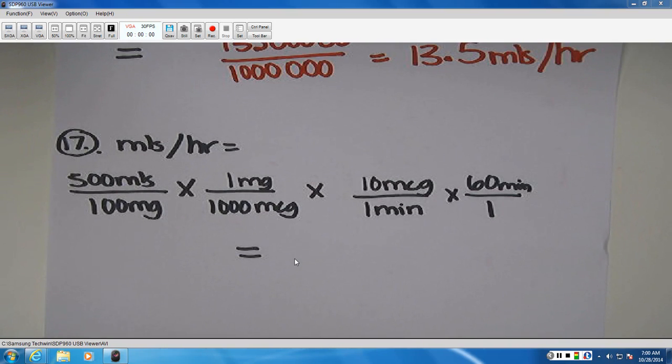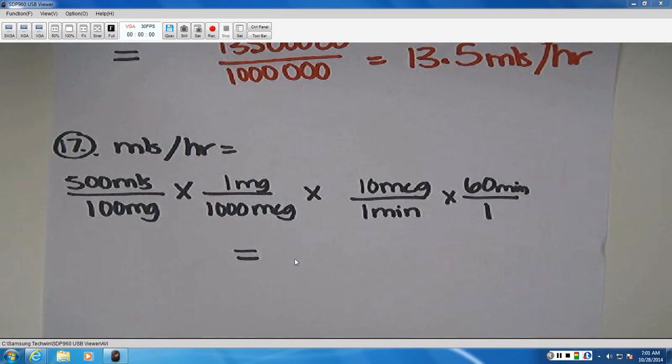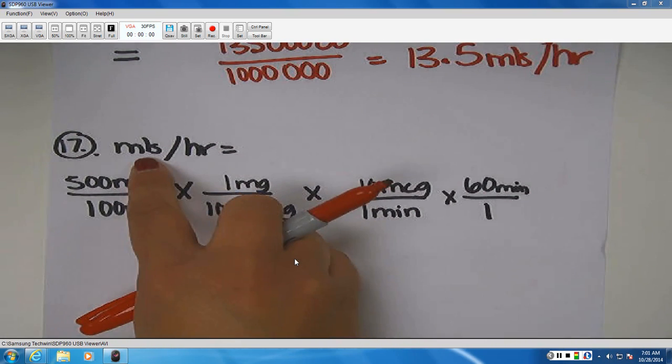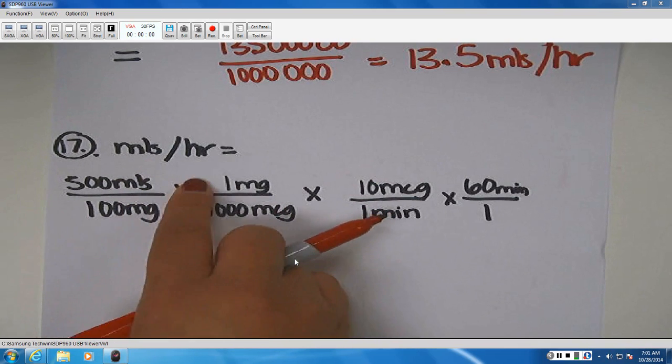Okay, so again, we are solving for milliliters per hour. The physician ordered us to give 10 micrograms per minute, and our dose on hand is 100 milligrams in a 500 ml bag. So since we're solving for mLs here, our numerator is going to be our dose on hand with the mLs first.